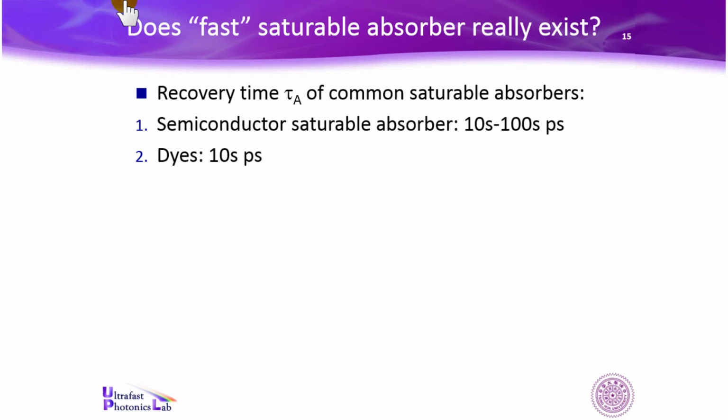But not anymore. You can hardly see any dye lasers now. If you are talking about a very new material, graphene, the response time is even faster, say less than 1 picosecond. So it could be the fastest saturable absorber you can access to date.